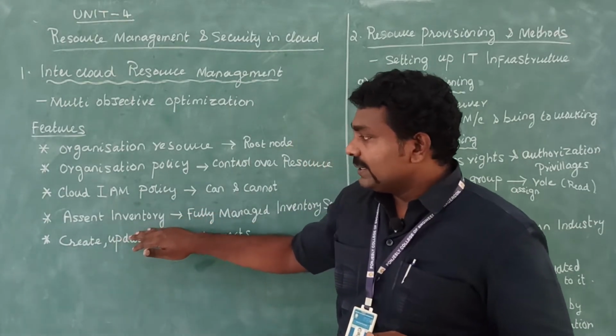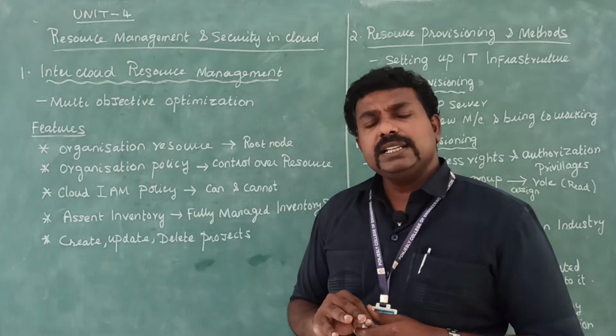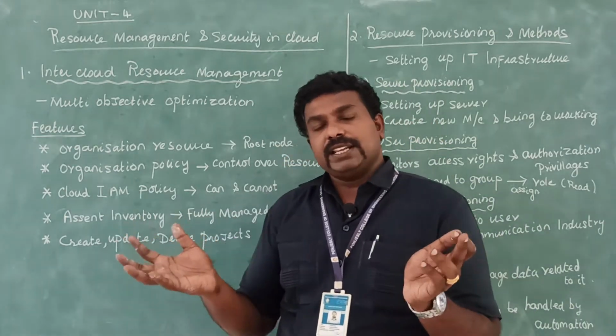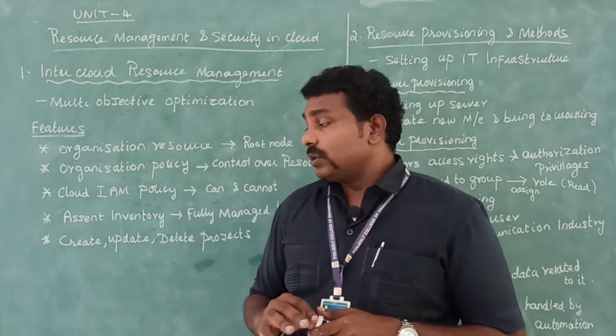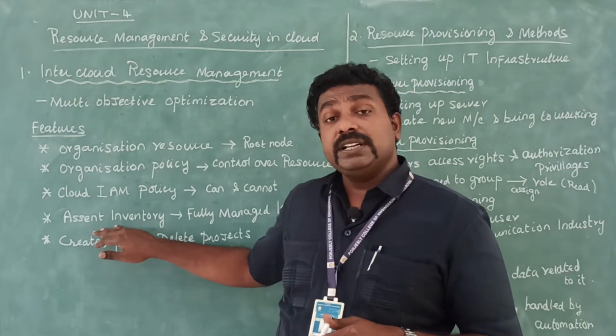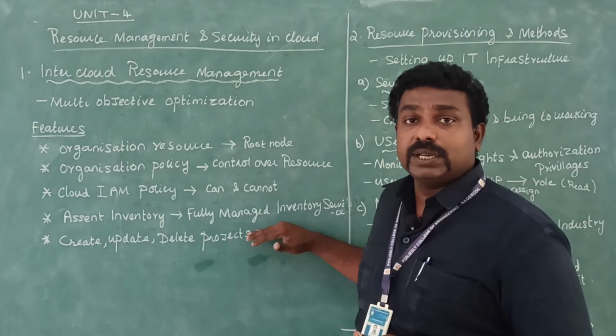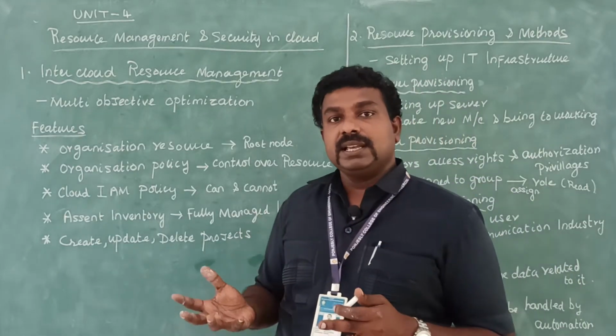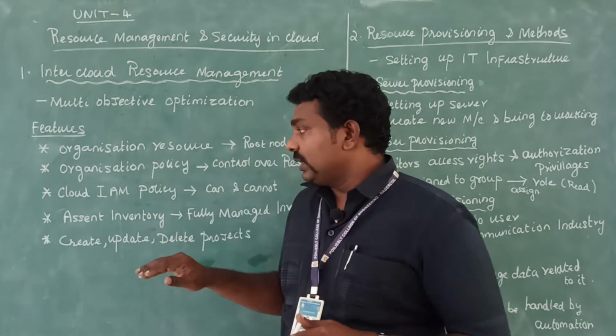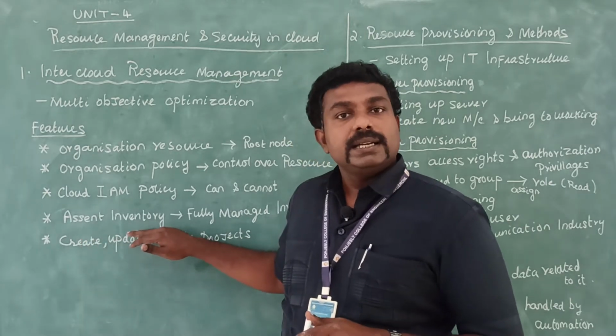The fourth one is asset inventory. Inventory is nothing but a collection of the entire resource. Here in asset inventory you have all managed inventory services together. Whatever services are available are clubbed together under asset inventory.